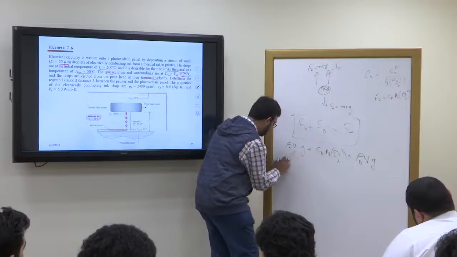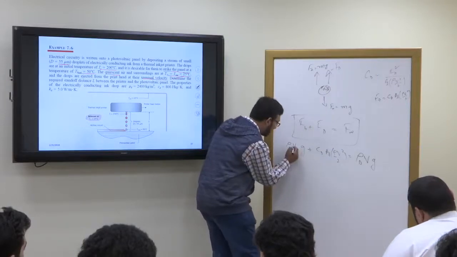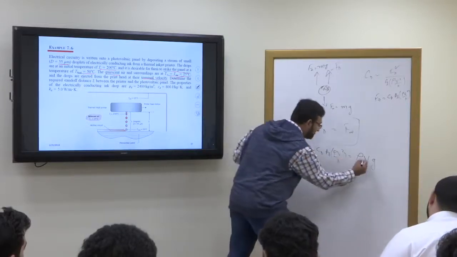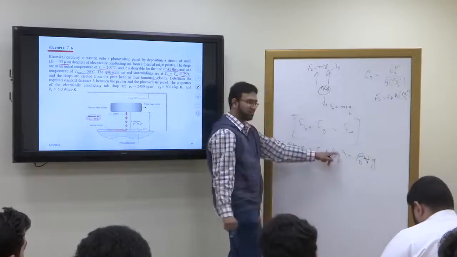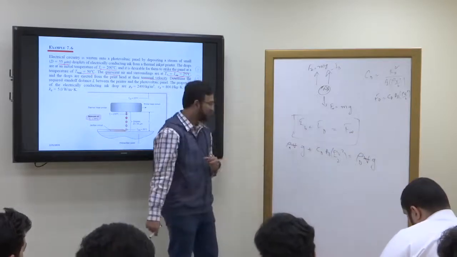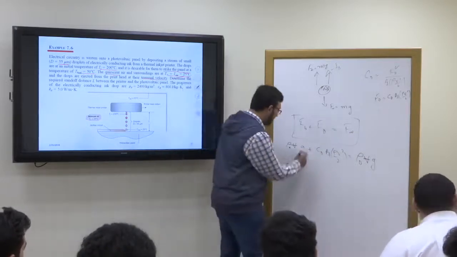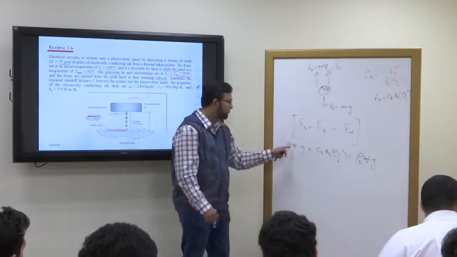Okay, we have to differentiate between two things. For the volume, let me put here this. This is the velocity. Okay, so what is the volume for the sphere?